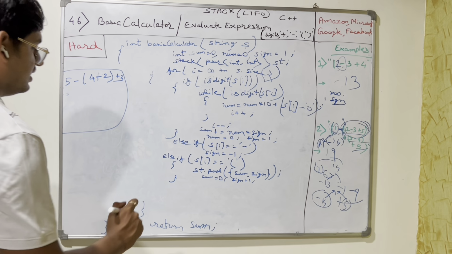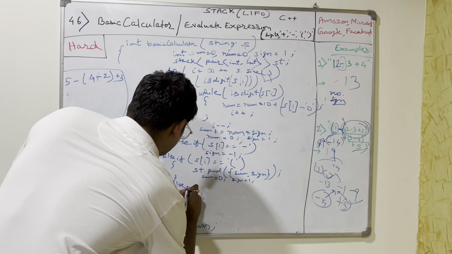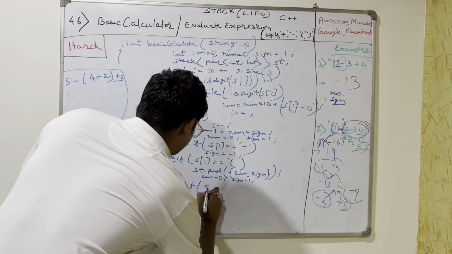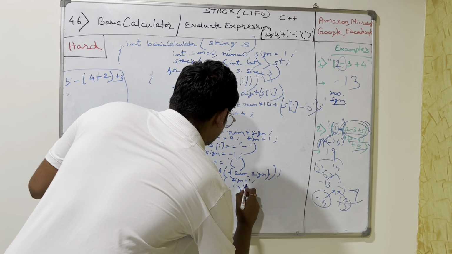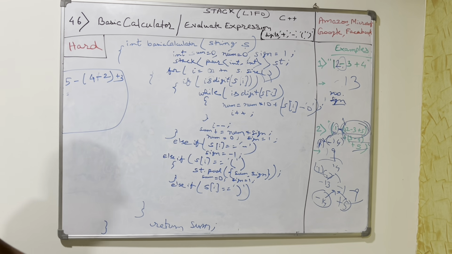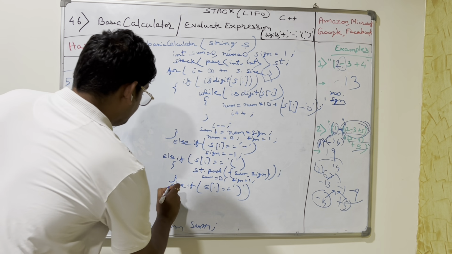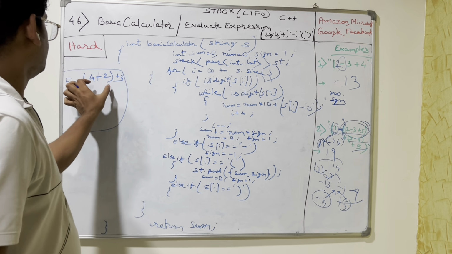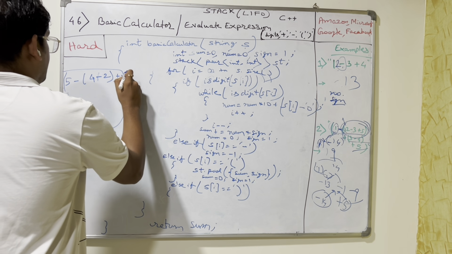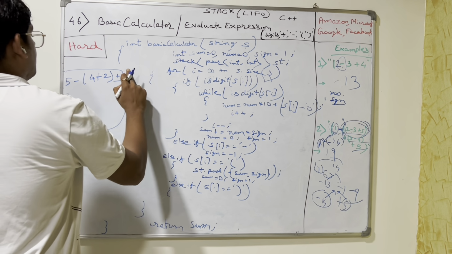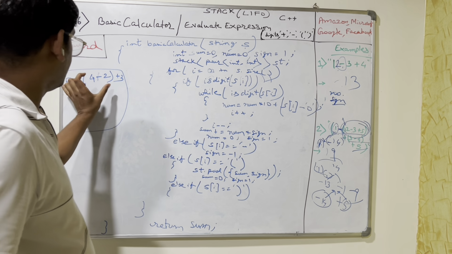Okay, we'll understand. If s[i] is equal to the closing bracket, what does this mean? We need to evaluate the whole thing. This whole thing needs to be evaluated, whatever was there in the value.